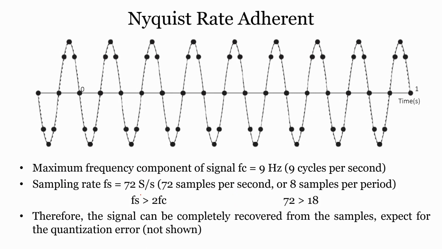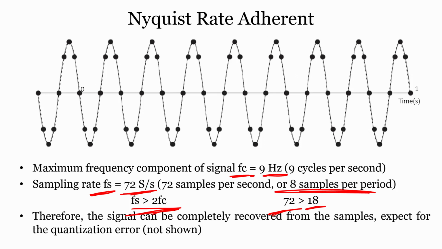Now, suppose the maximum frequency component of a signal Fc is 9 hertz, that is 9 cycles per second, and the sampling rate is Fs equals 72 samples per second, or 8 samples per period. In this case, Fs should be greater than 2 times Fc.